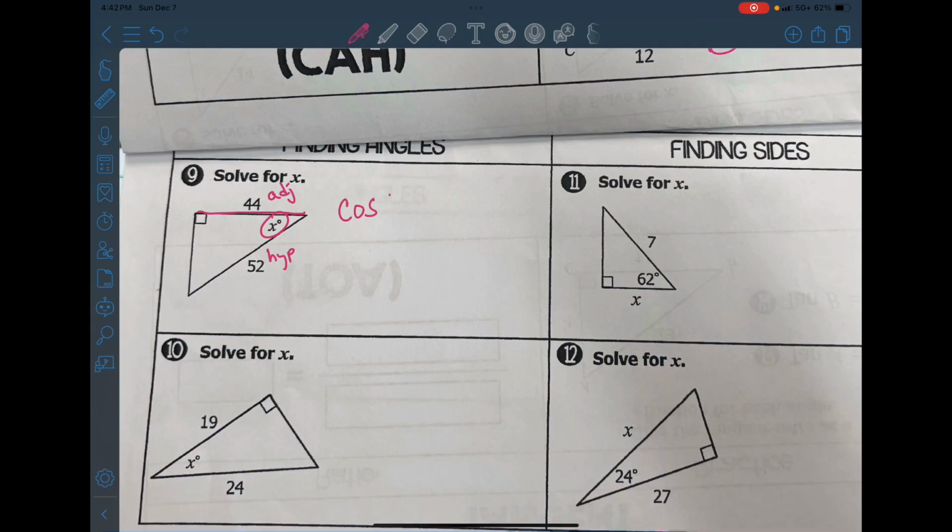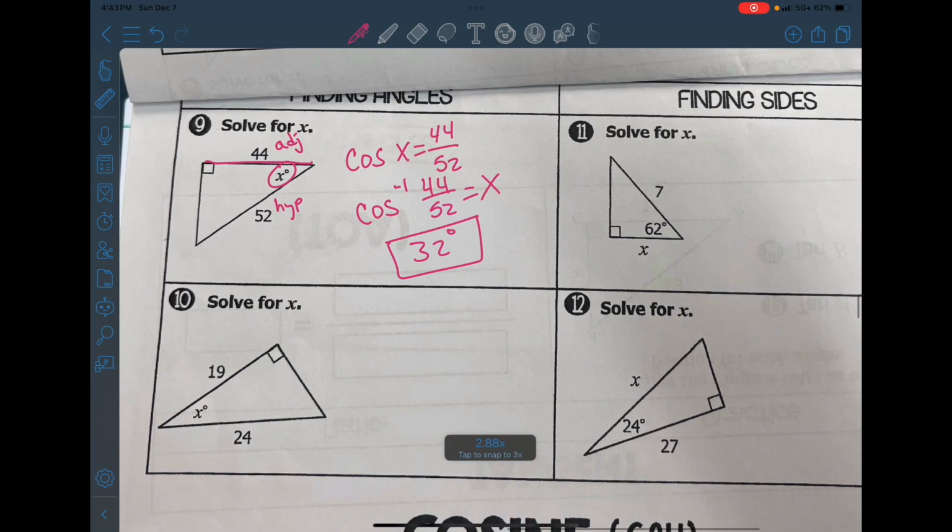So cosine of X equals adjacent over hypotenuse. So you're going to go second cosine, it's right next to your sine button, of 44 divided by 52. And I should have written this, there's no equals here. Well, I mean, we can do equals x. And we're going to round it to our nearest whole number. And so this is 32 degrees.